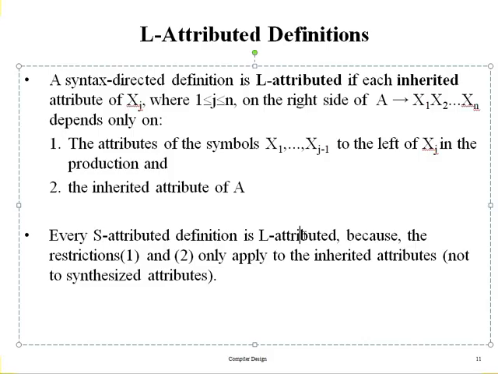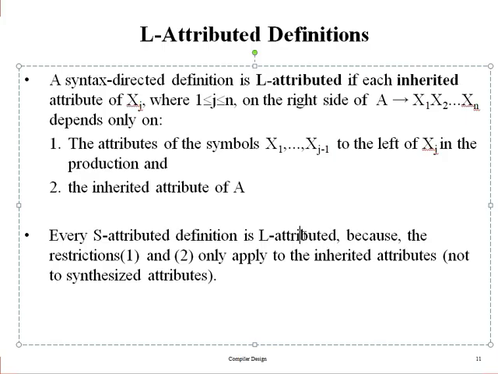S is the subset of L because L contains both inherited and synthesized attributes, whereas S contains only synthesized attributes. Because of the two restrictions, we have such a relationship between the two.